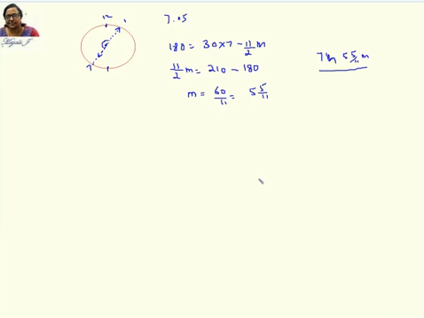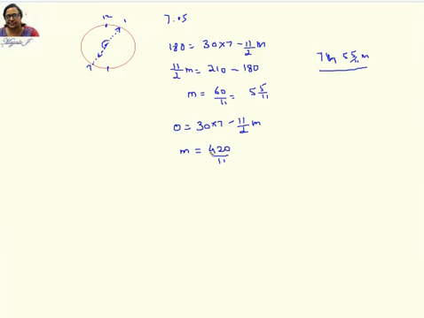And there's one more question, right? Coinciding. So what should you do for coinciding? 0 degrees. That's all. 0 equals 30 into 7 minus 11 by 2 m. So I can directly write 11 by 2 m equals 210, so m is 210 into 2, 420 by 11. Because it's 0, I'm taking it to the other side.